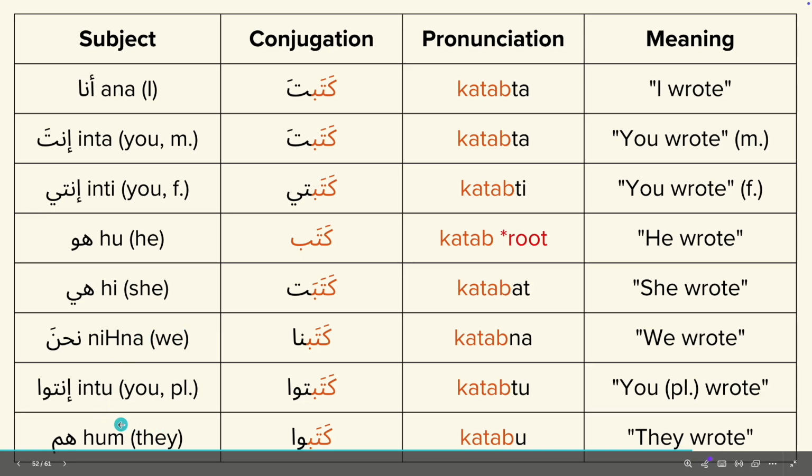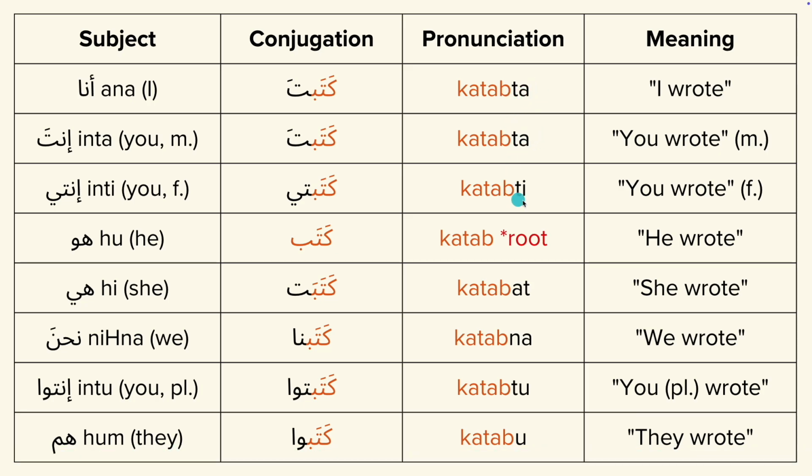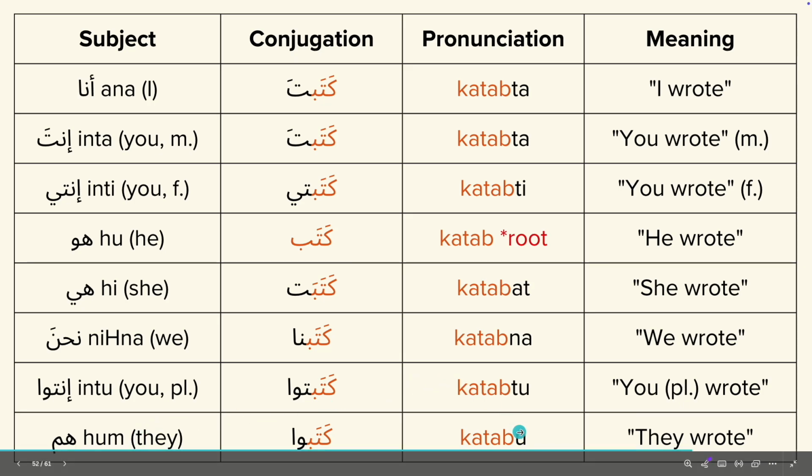That is whom, they. كتبوا, whom كتبوا. So you basically need to memorize these suffixes and associate them with each pronoun. Okay? أنا كتبت, أنت كتبت, أنتي كتبتي, هو كتب, هي كتبت, نحنا كتبنا, انتو كتبتوا, هم كتبوا.